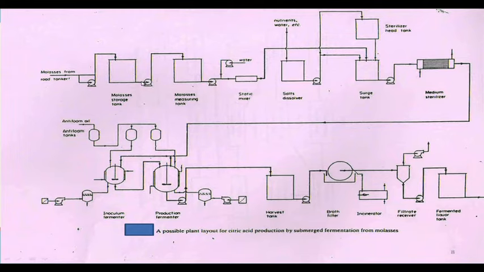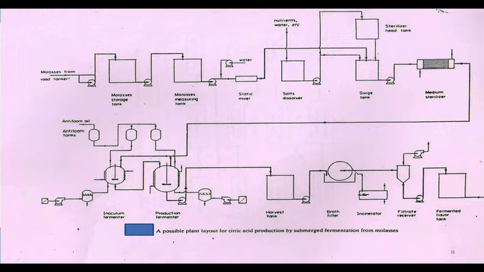This is the special type of pump I told you about, because it is a very viscous liquid, we use a gear pump to drag the cane molasses from MST to MMT. After that, it contains about 50% sugar, so you have to dilute it, because in the fermentation media the sugar concentration is about 10 to 11%.